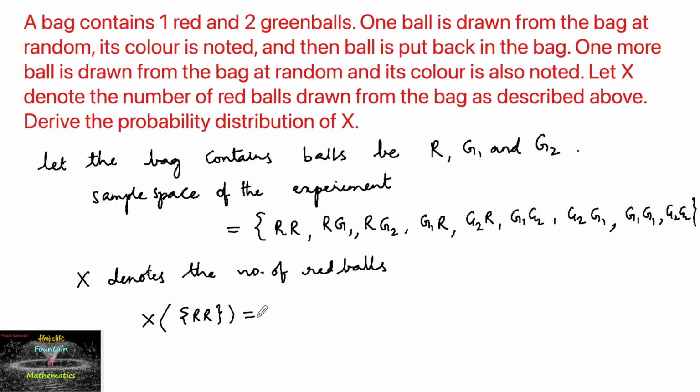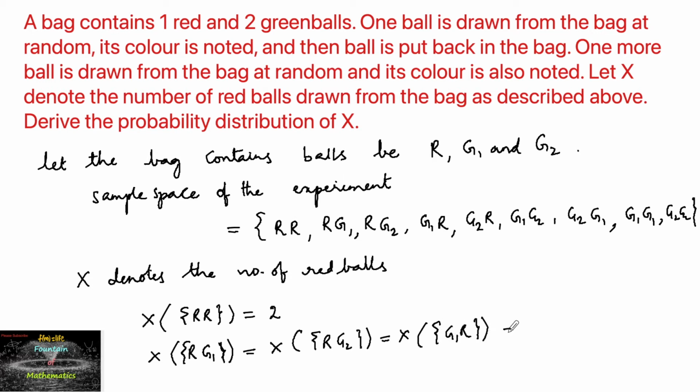So how many red balls are there here? Two reds are there. And when you pick up the next one, red G1, or we can go with red G2, or you can go with G1 red, or you can go with G2 red.